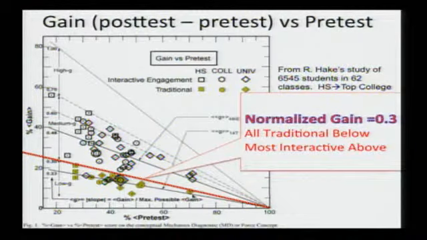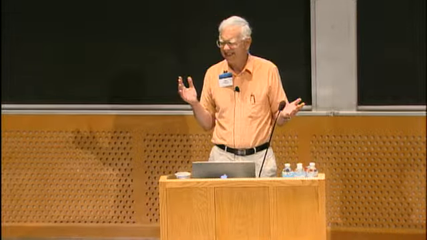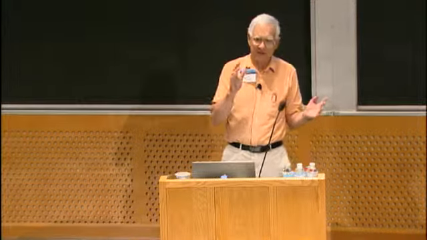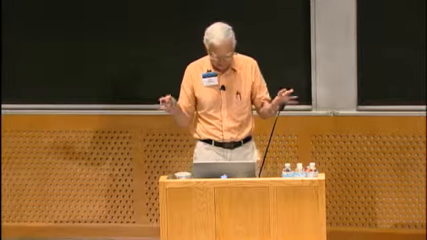This is someplace like Harvard where the kids came in at 70%, and these squares here are high schools where the kids come in at 27% on a multiple choice test, where if they just guessed, they would probably get 20. I forget if it's, well, it probably has 5 alternatives, so they would get 20% if they didn't know anything.